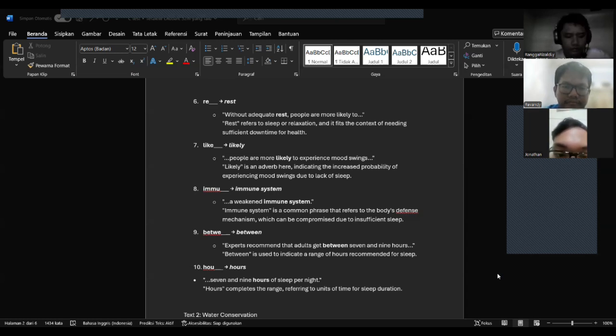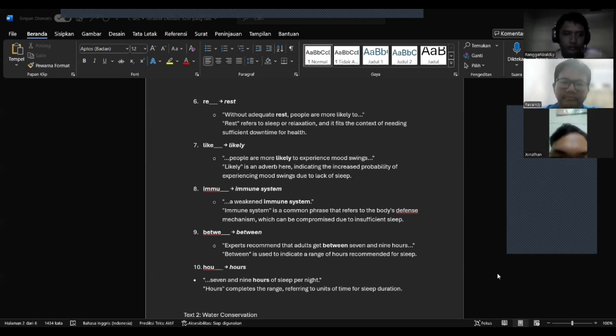Likely is an adverb here, indicating the increased probability of experiencing mood swings due to lack of sleep. Immune, immune system. A weakened immune system. Immune system is a common phrase that refers to the body's defense mechanism, which can be compromised due to insufficient sleep.